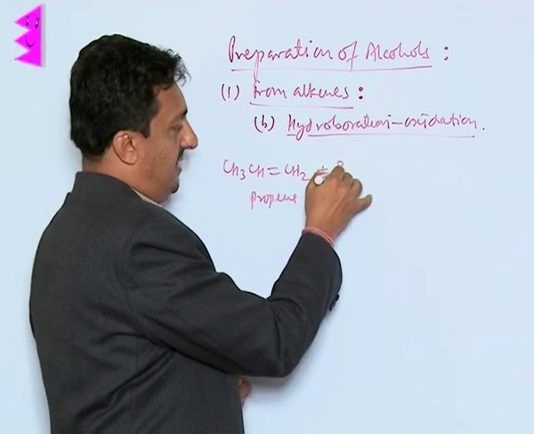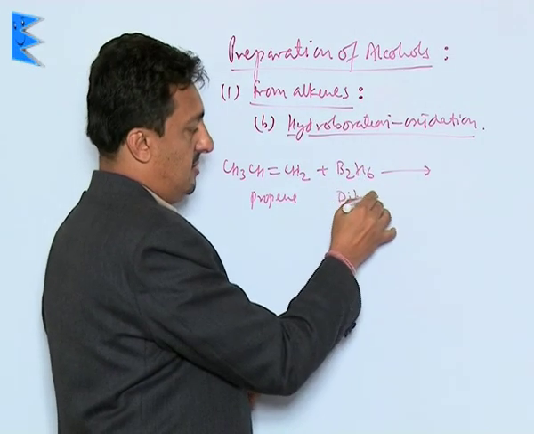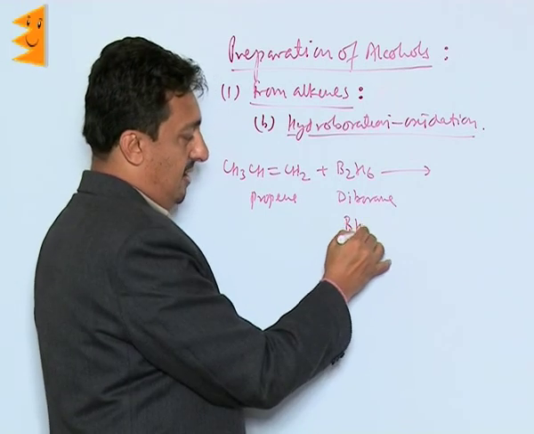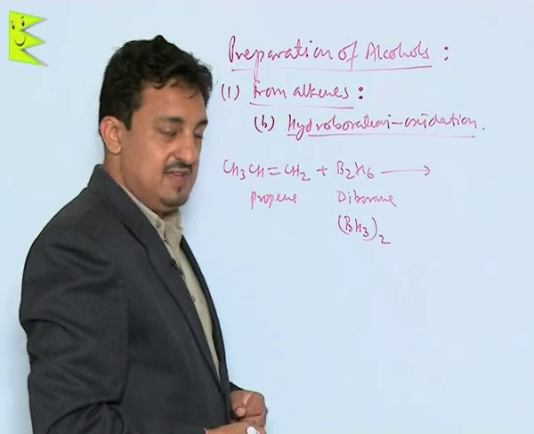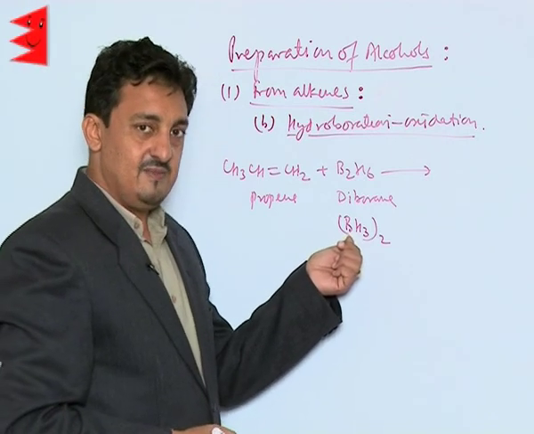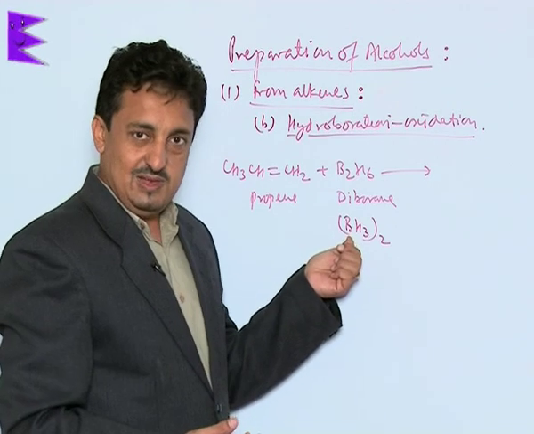This propene is reacted with B2H6, which is called diborane. We know that diborane is a dimer of BH3, the boron hydride. It's an electron deficient Lewis acid species, and therefore it works as an electrophile.